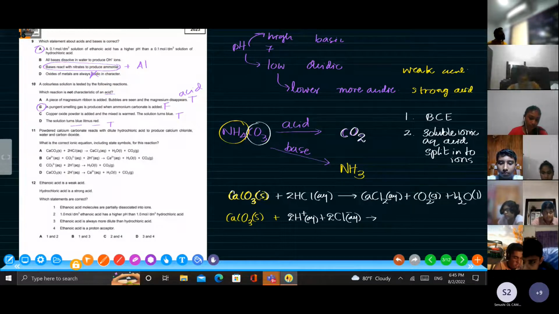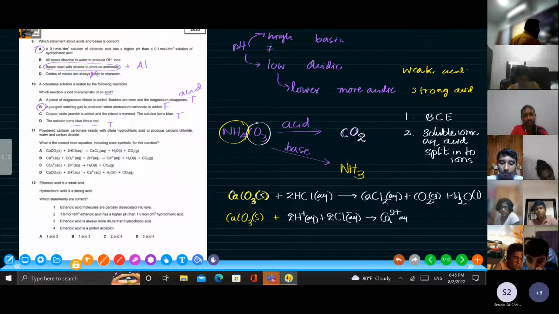Only the soluble ionic and the acid split into ions. Don't do anything to anything else. Calcium chloride is ionic, aqueous. How do you know it's ionic? Metal and non-metal: calcium ion, chloride ion. So calcium 2 plus aqueous, 2 chloride ions.